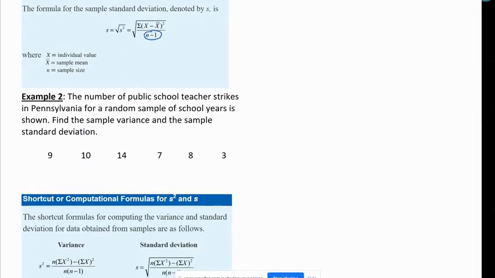And so here, finding the sample variance and sample standard deviation for these numbers, I'm going to set up a very similar table to the one we just did. We're going to have our variable x, then x minus x bar. Notice we're using x bar, not mu, because it's a sample.